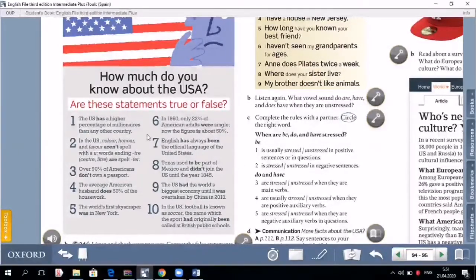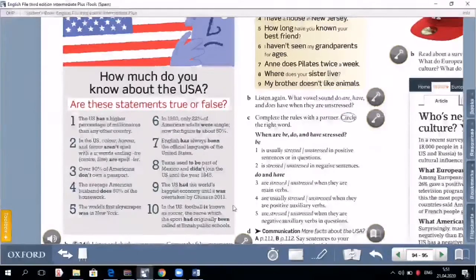For example, let's take the first sentence. The US has a higher percentage of millionaires than any other country. Do you think so? If you think so, you should say that really America is one of the richest countries in the world. Now let's take another one. Number 10.